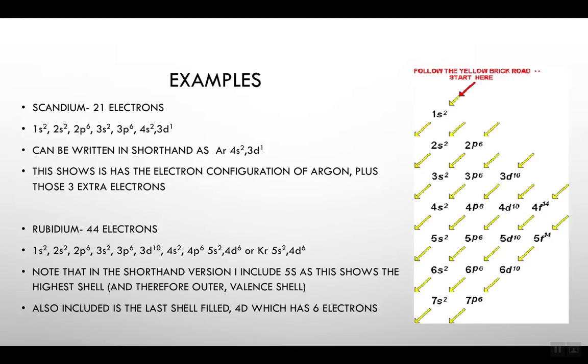So we include the electron configuration of Kr, which is our closest noble gas. Then we've got 5s2 and 4d6, and we have to include both of those because we've got to include the highest shell, which in this case is the 5. We've also got to include the highest subshell, which is the 4d. And remember those little numbers up top, they're showing how many electrons we put in.